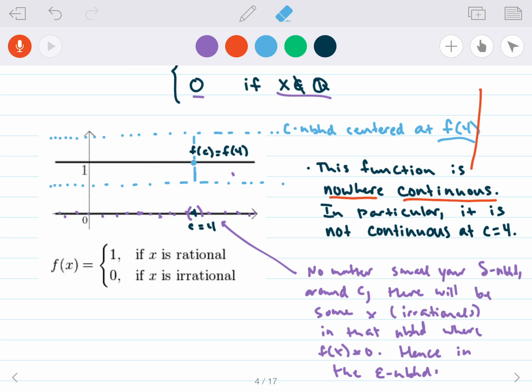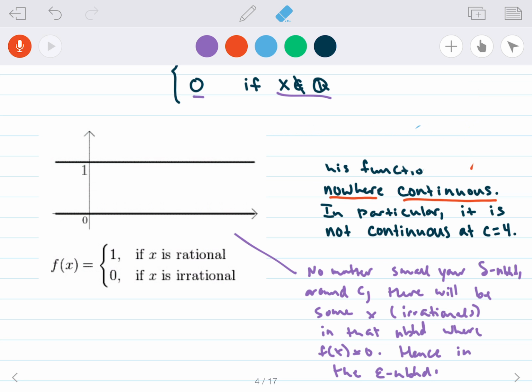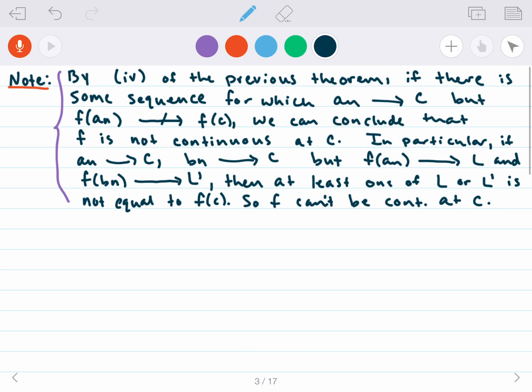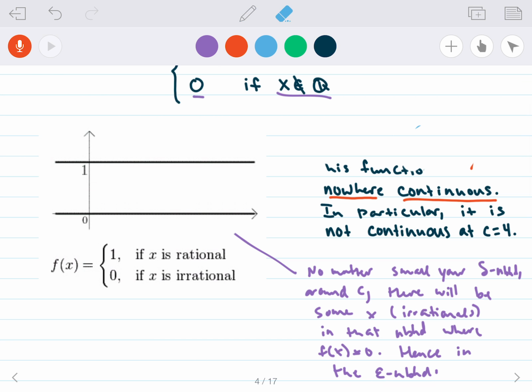Let me do some erasing. And so now we're going to prove that this isn't continuous at 4 by using, what was it? I think it was 4. Okay, now, so we looked at 3. We showed that it wasn't continuous at 4 using 3. Now let's show it's not continuous at 4 using part 4 of this theorem.